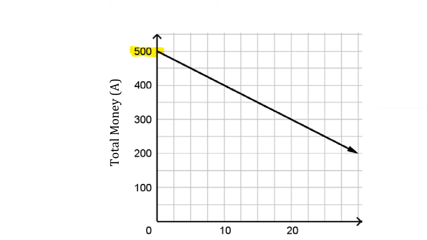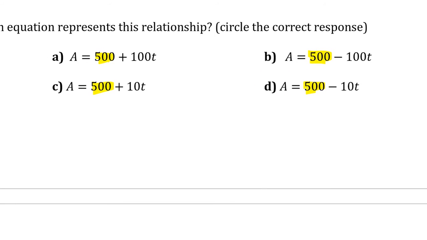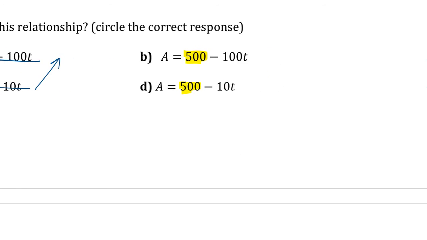And later on, I have less money, right? At this point, it looks like we're at $250. So I should be subtracting every single time, right? Because this line is going down. That means it's not A and it's not C, because those ones are adding, and if I'm adding, my line would be going up. But these are both examples of my line going down because I'm subtracting.